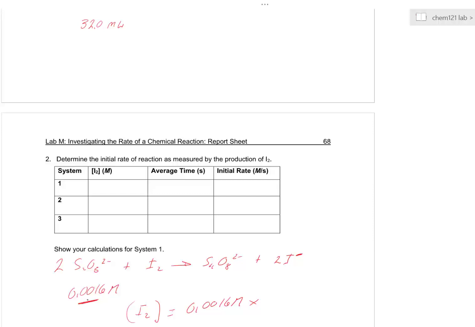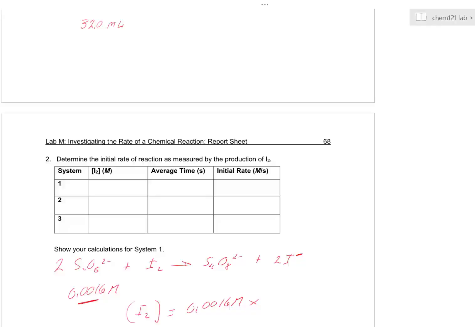Now, normally we do stoichiometry involving moles, but we can also do the stoichiometry involving solution concentrations because our volume stays constant. The idea here is I'm trying to determine the amount of iodine that had to be produced to consume all of that thiosulfate.